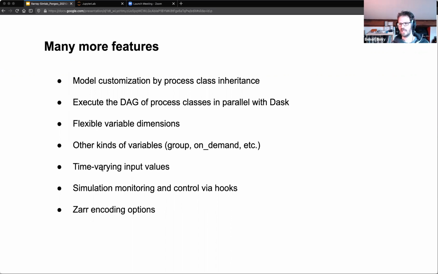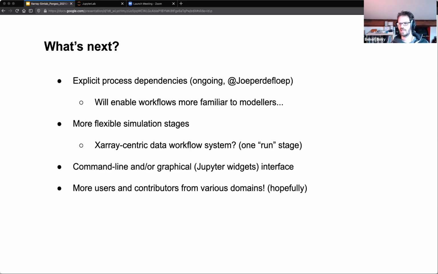Xarray-simlab already has quite a lot of features, but it's obviously not a perfect tool. There is a lot of room for improvement. I just list some potential improvements. The first one is an ongoing work by Juppé, which I'm very excited about, adding an alternative way of defining the process dependencies.